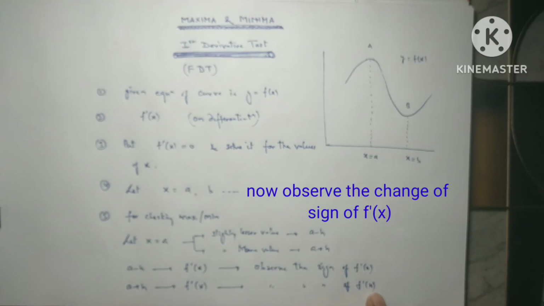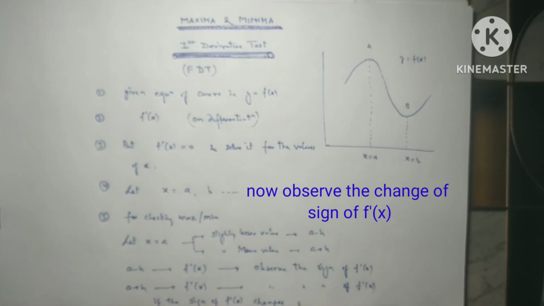If the sign of f dash x changes from positive to negative, then there is a position of maxima. That indicates local maxima.